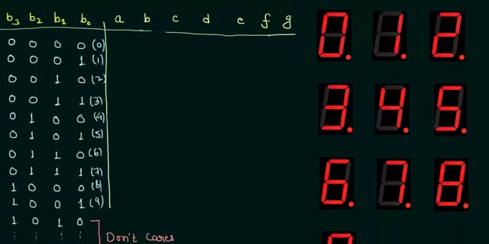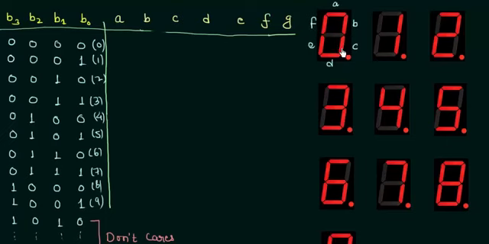Now here you can see a table in which I have written the BCD codes. If I want to display 0, it can be done in this way. To display 0 we need segments A, B, C, D, E, F as high.